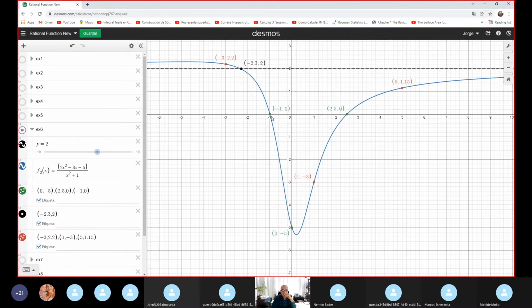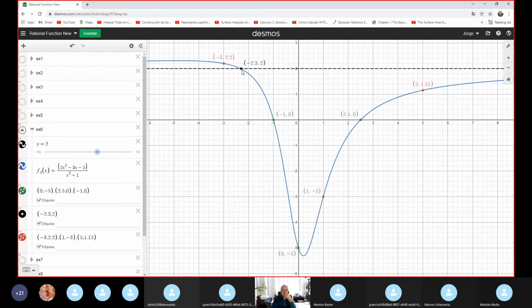We also have one famous point in which our curve, the blue curve, crosses the horizontal asymptote. The horizontal is the line y equals 2, and it crosses at the point (-2.3, 2).